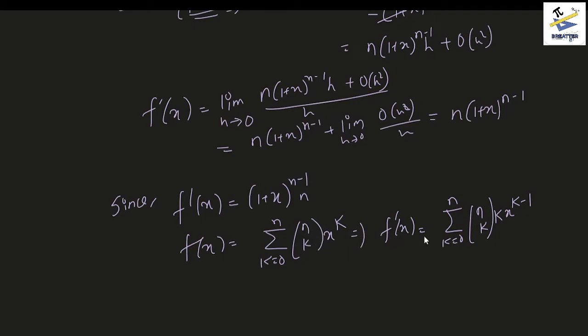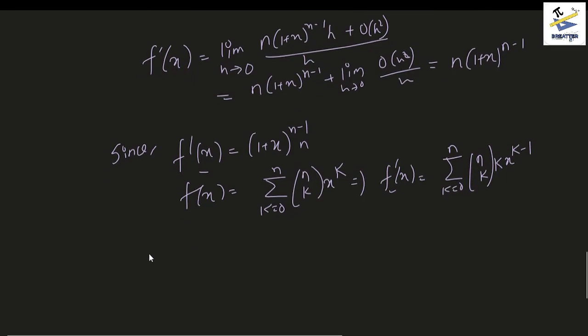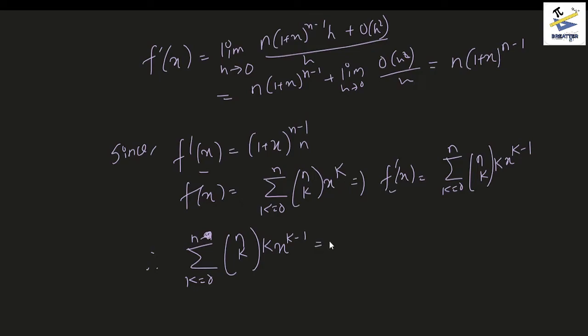Only the x part will be differentiated. Now these two are equal because they are both f dash x. Therefore summation k equals 0 to n, only n, nCk into k into x to the power k minus 1 is equal to n into 1 plus x whole to the power n minus 1. There is an n here, right?